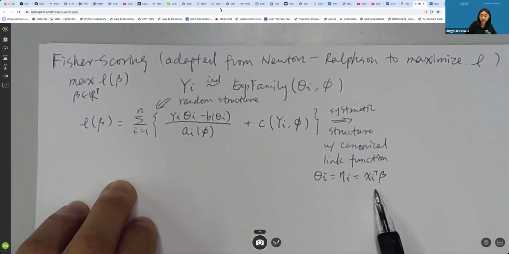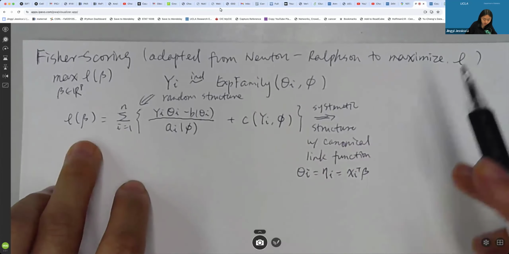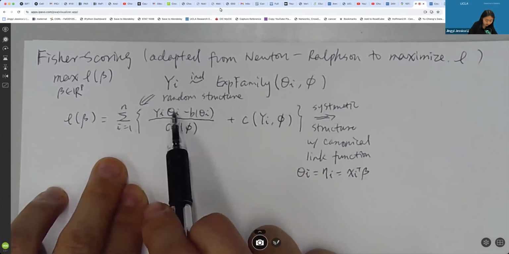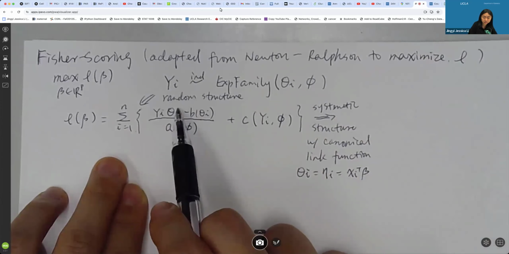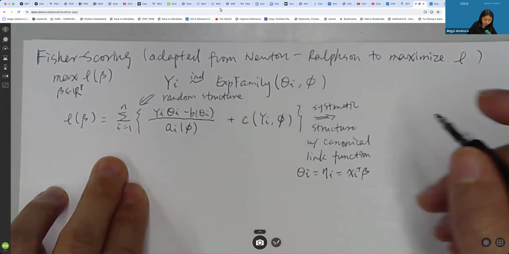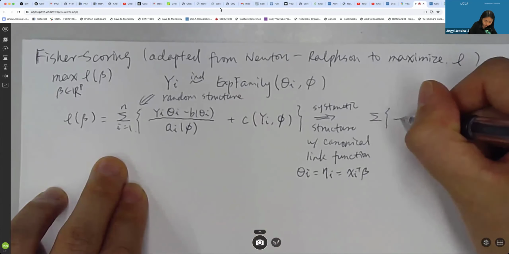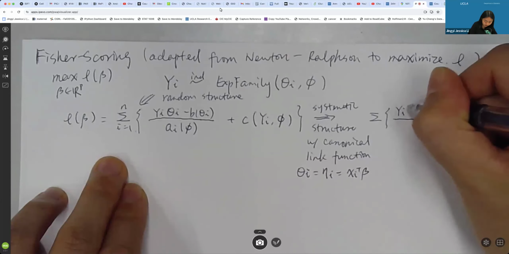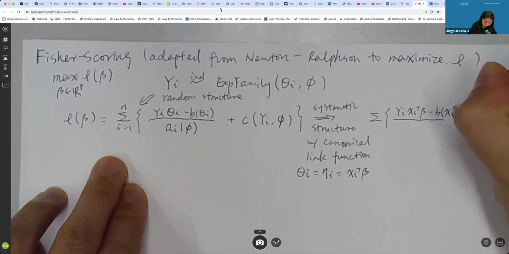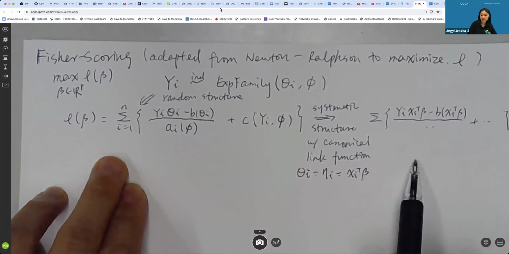So this is how we can introduce beta into the log likelihood. Then the log likelihood becomes, for these two terms, theta i, we are going to replace them by xi transpose beta. Basically, I'll just skip the other terms, but write what should be changed: yi times xi transpose beta minus b of xi transpose beta. And the other terms stay the same as before.